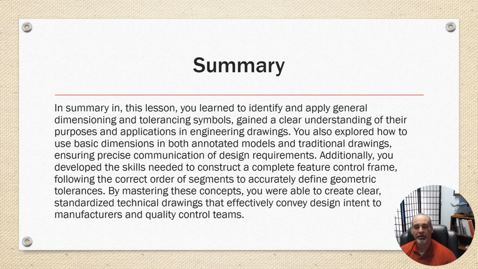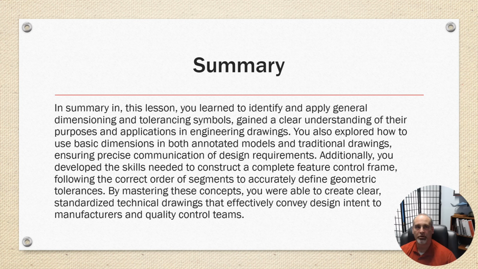In summary, that gets us to the last slide here. So we're almost done. In summary, in this lesson, you learned to identify and apply general dimensioning and tolerancing symbols, gained a clear understanding of their purpose and applications in engineering drawings. You also explored how to use basic dimensions in both annotated models and traditional drawings, ensuring precise communication of design requirements.